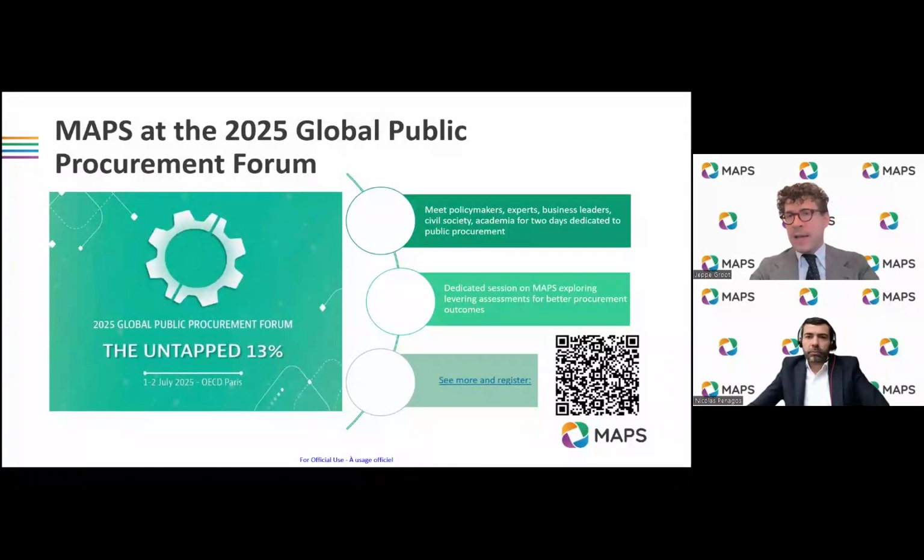It will be a big in-person event at the OECD headquarters in Paris, where we will bring together policymakers, experts, business leaders, civil society, academia, and practitioners for 2 days dedicated to public procurement.